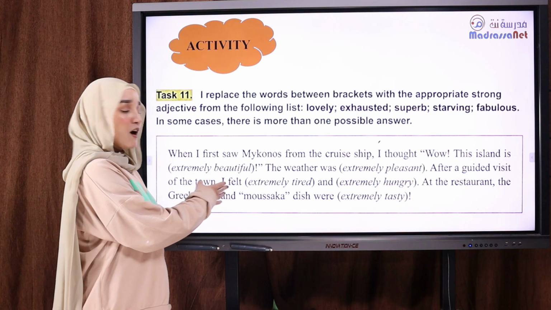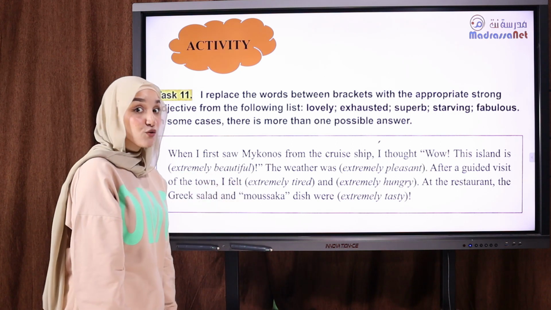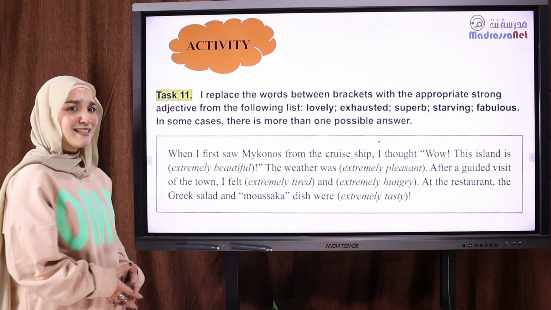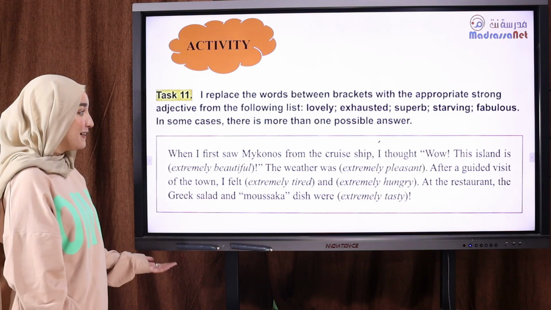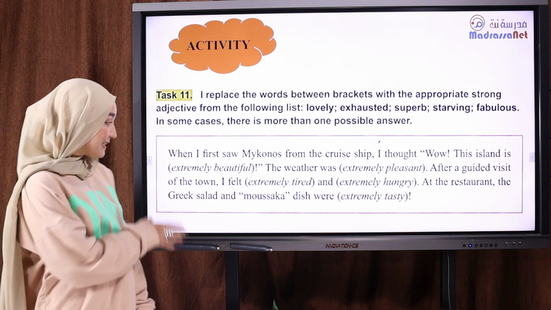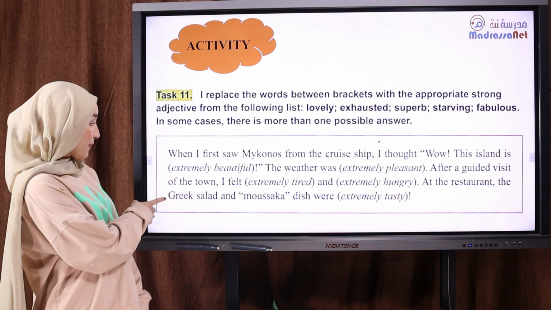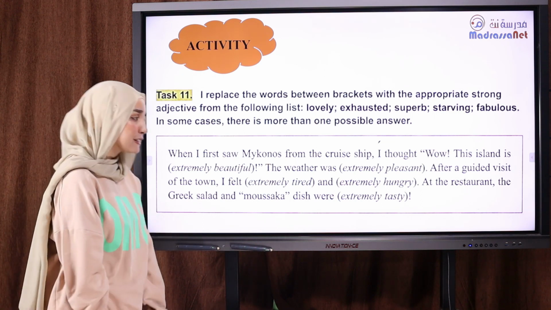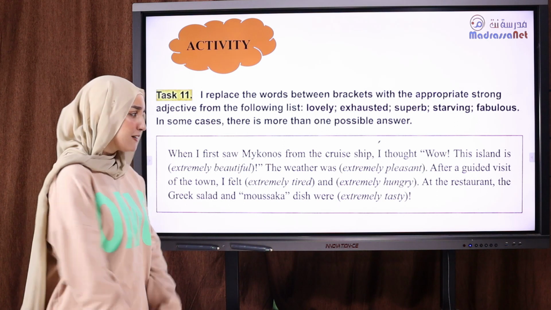When I first saw Mykonos from the cruise ship, I thought, wow, this island is extremely beautiful. The weather was extremely pleasant. After a guided visit of the town, I felt extremely tired and extremely hungry.